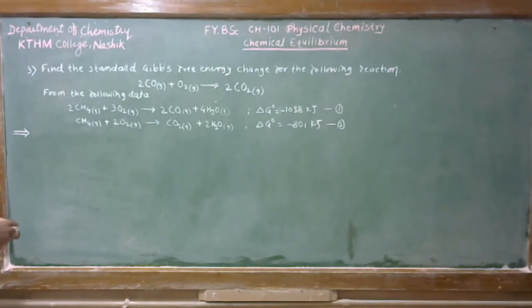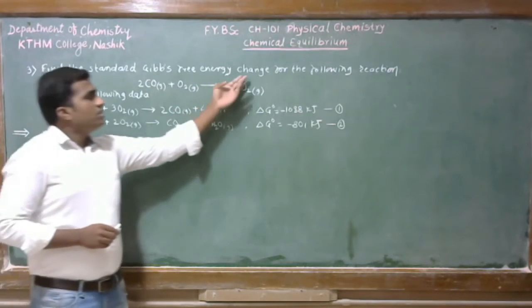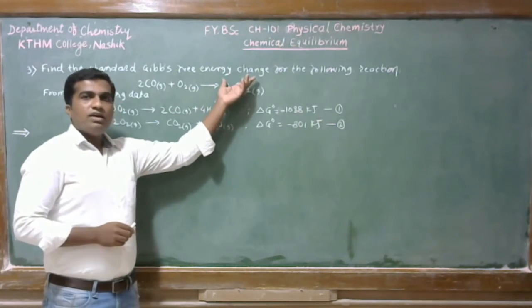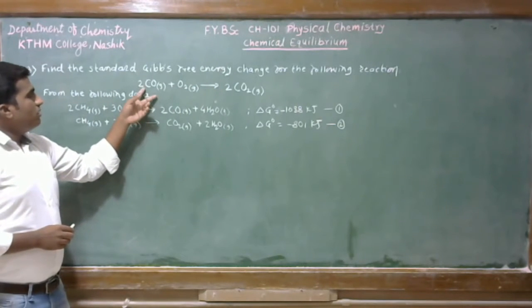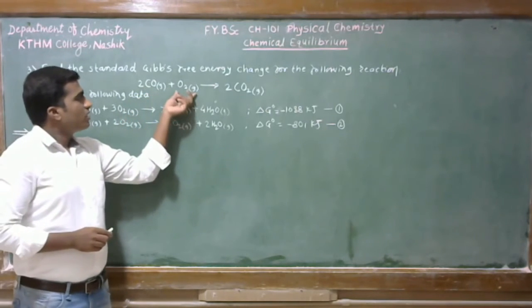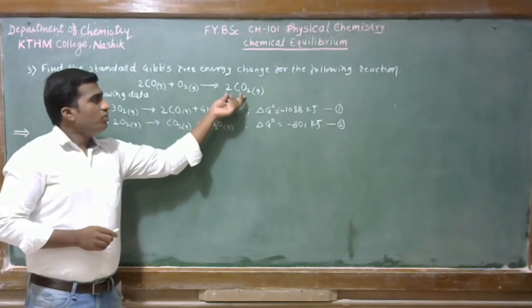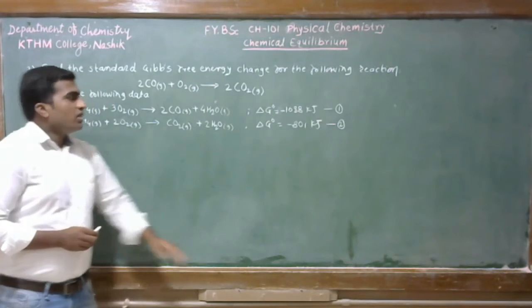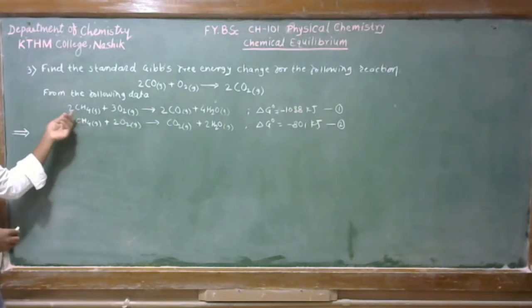Okay, so the problem is: find the standard Gibbs free energy change for the following reaction. The reaction is 2 moles of CO gas reacting with O2 gas, giving 2 moles of CO2 gas. Here the data is given.